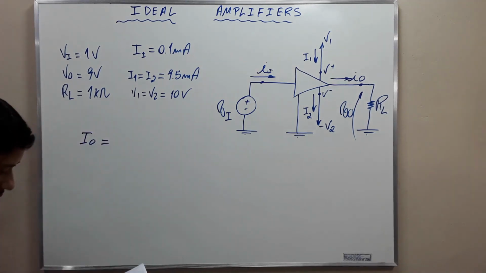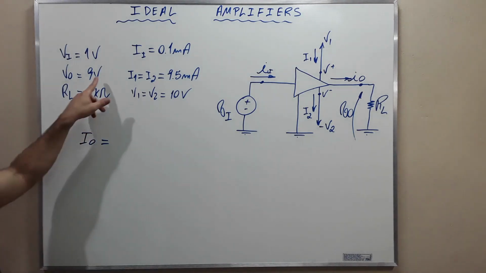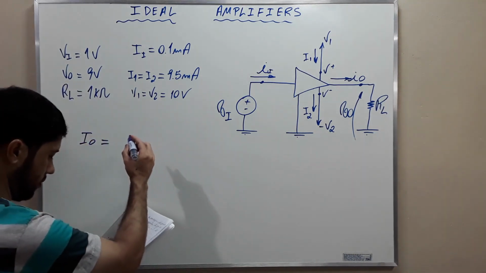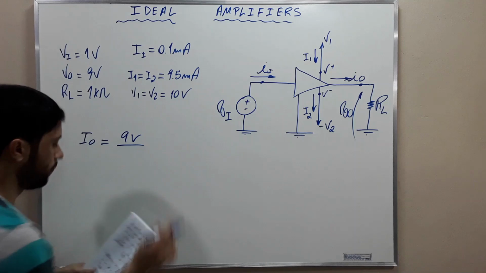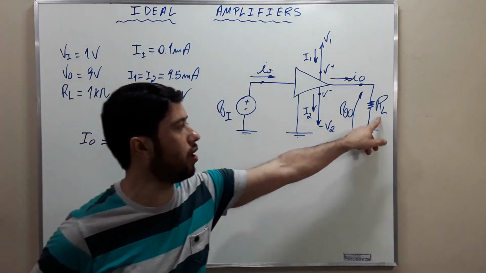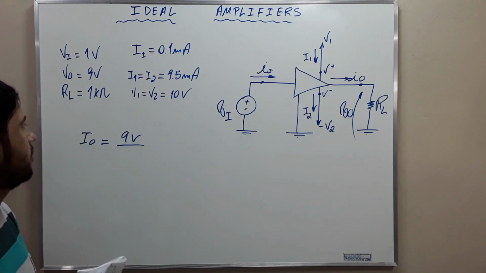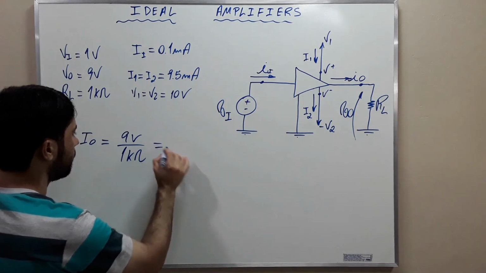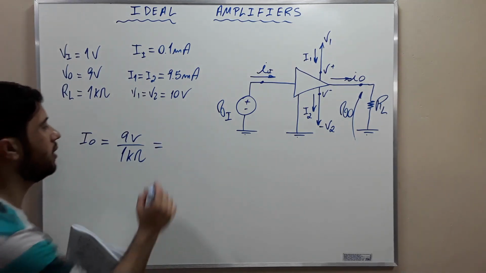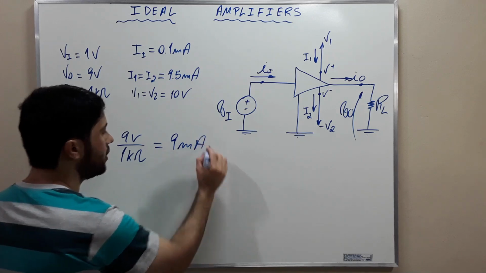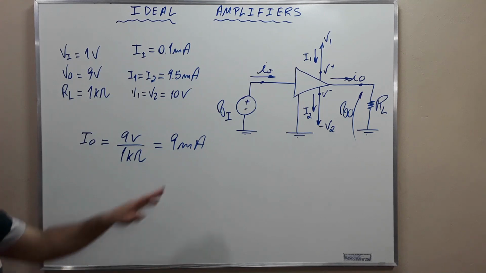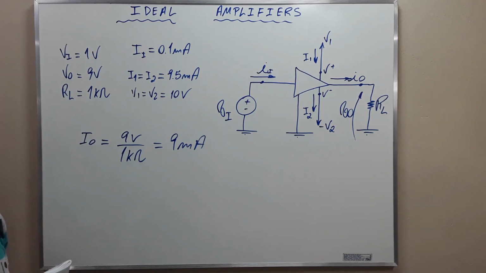The output current is going to then be equal to the value of the output voltage divided by the value of the load resistance, which is 1 kilo ohms. And then we find 9 milliamperes. We are going to use this value to calculate the current gain.